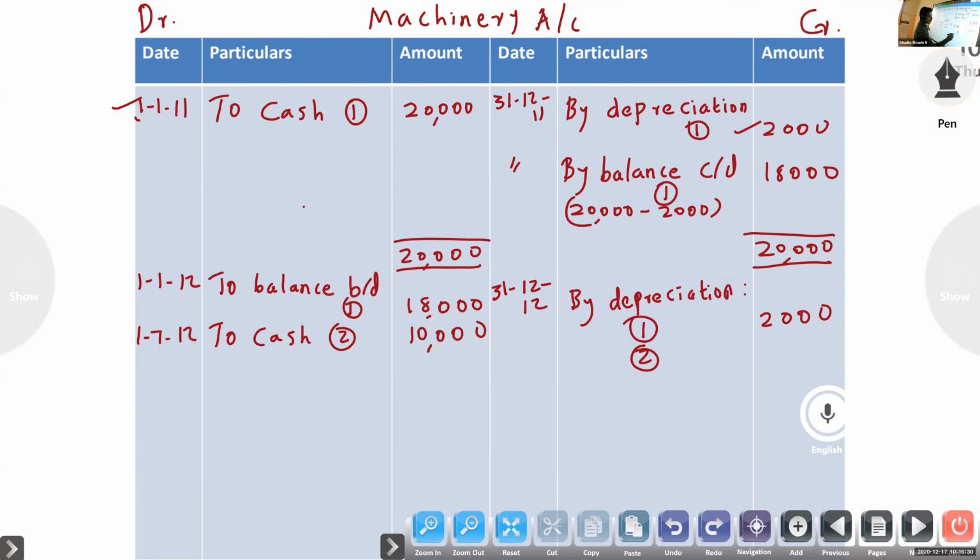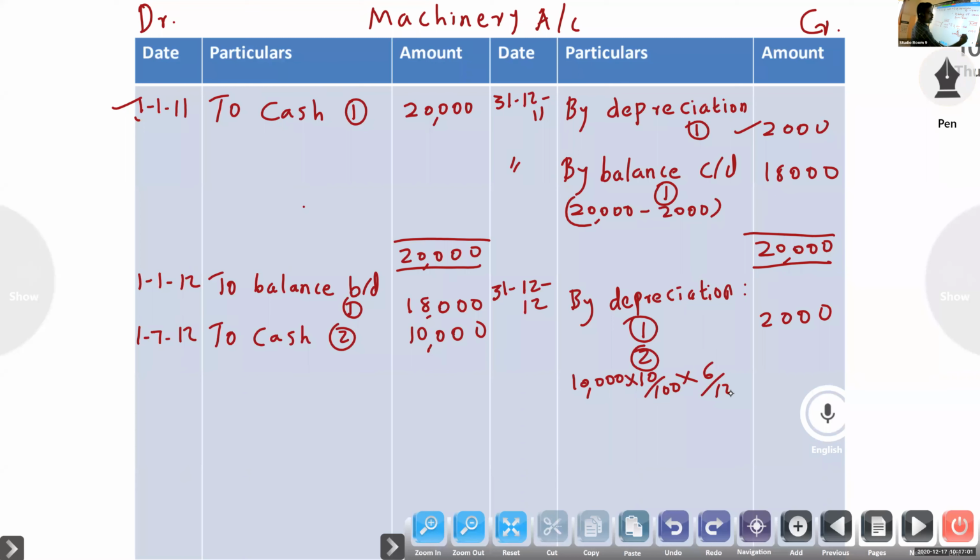Because we purchased on 1st July, so 10,000 into 10% into 1st July to 31st December. July to December, how many months? 6 months. This year we used it only 6 months. Next year onwards, it will be 10,000 into 10%, 1,000.